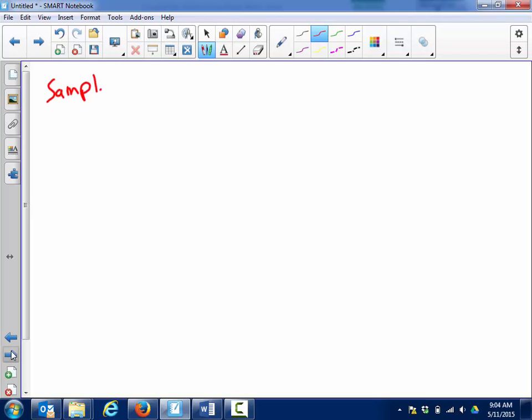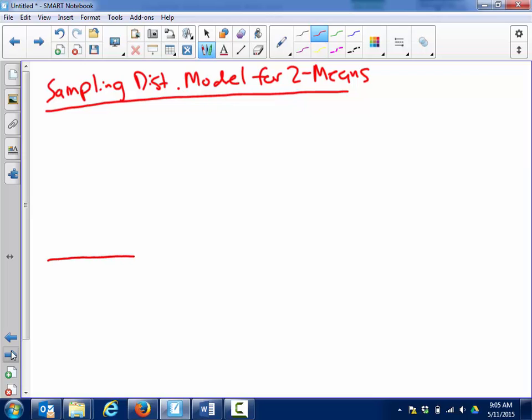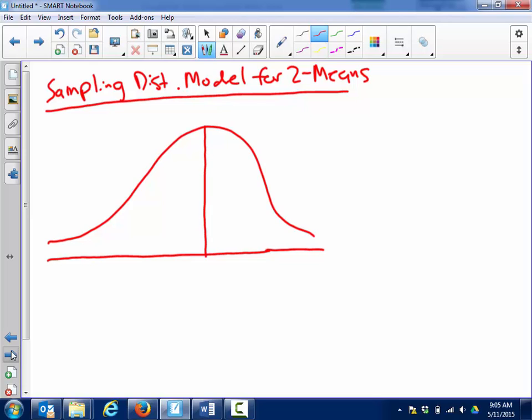Okay. All right. Finally, let's talk about the three curves that we have for a difference between two means. We have a sampling distribution model for two means. And you will probably be using the t-distribution here because it's unlikely that you know the population standard deviations for each of these two different populations you're talking about.